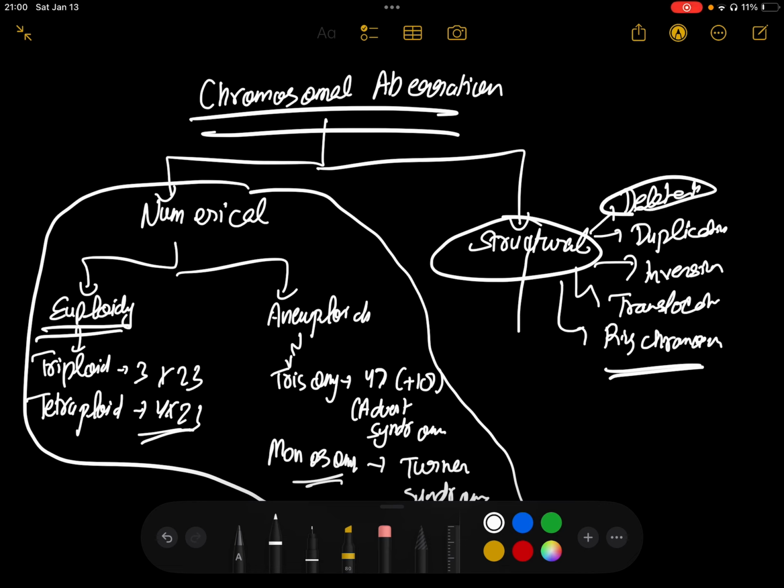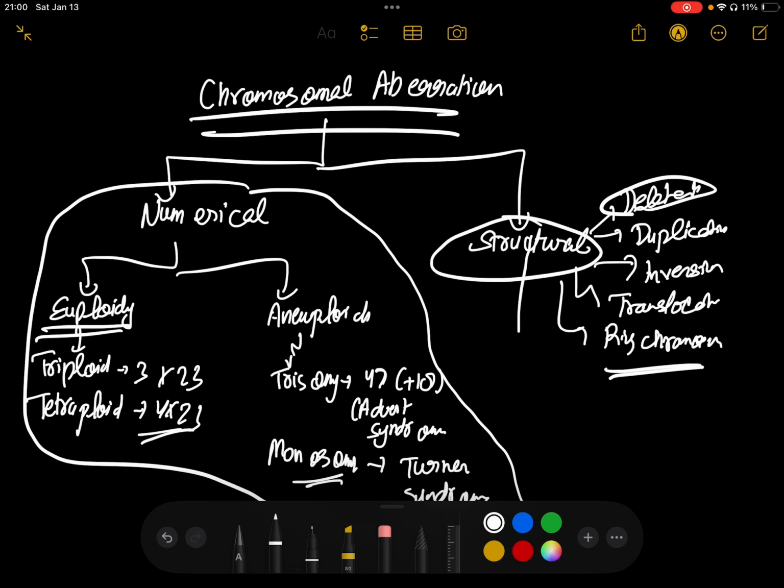What happens in deletion? Some part will get deleted, and now it will have effectively fewer genes after the deletion. Second is duplication. As the name suggests, some part of the genes will duplicate itself, and there are two copies in the chromosome. Then third is inversion.